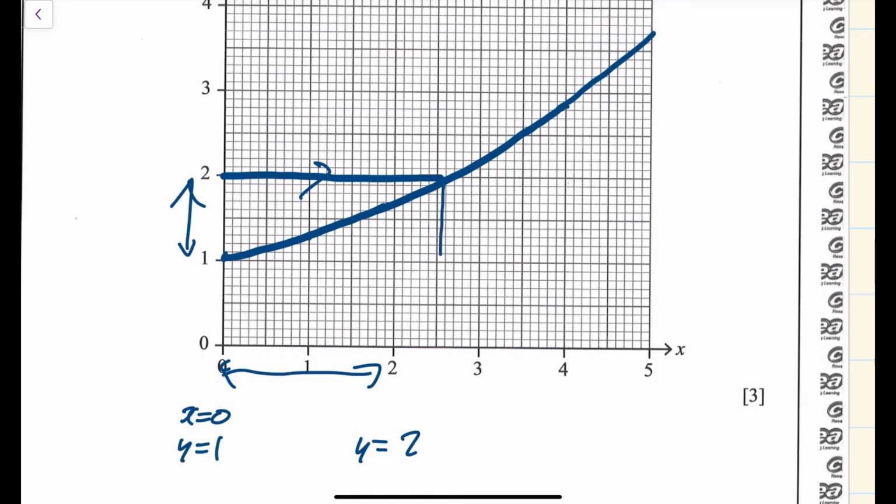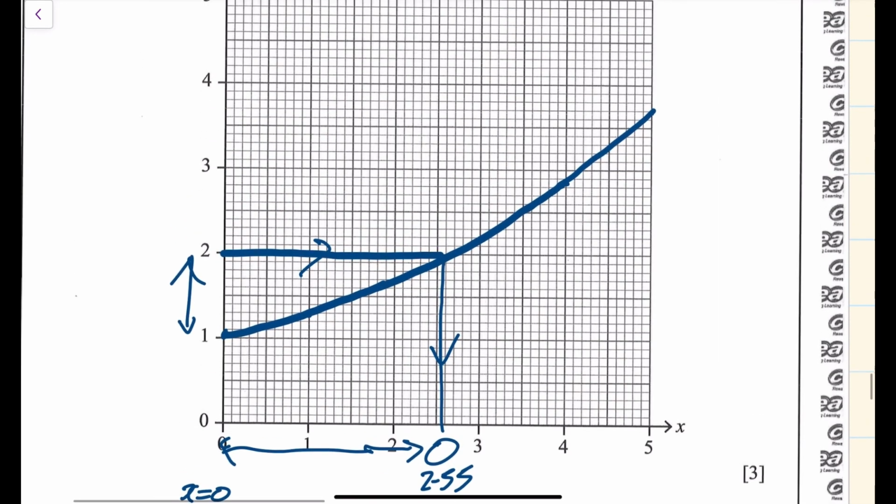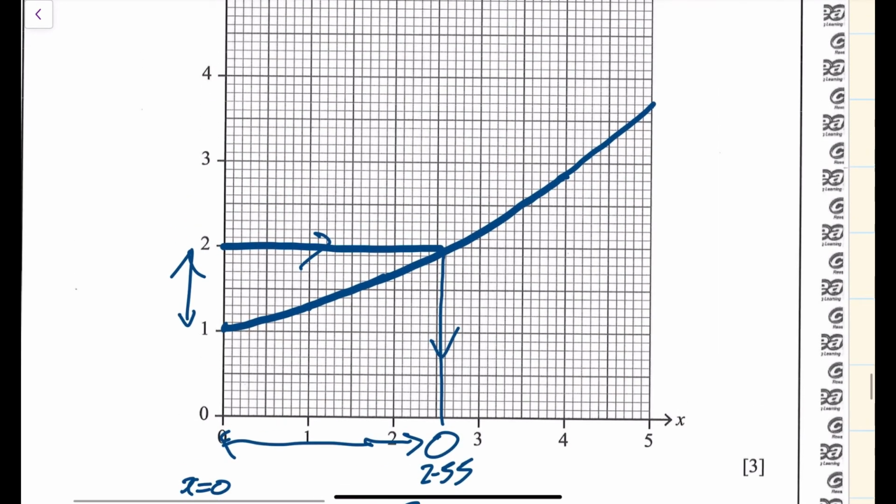And when I did that out accurately, what I got was this value here. This value here was 2.55. Okay, so use your graph to estimate the increase in x required to double the value of y. So 2.55, and you can see even here, folks, it would be starting to creep up a wee bit. 2.51 probably.